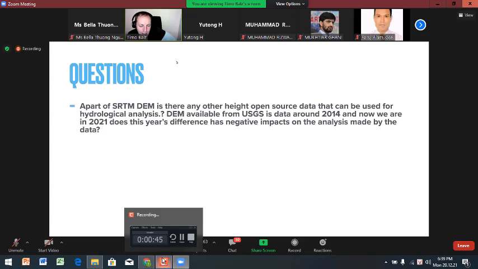You can look at the TanDEM-X DEM. The 90-meter DEM would be freely available, and the higher resolution data is available for scientific use if you write a proposal on that.